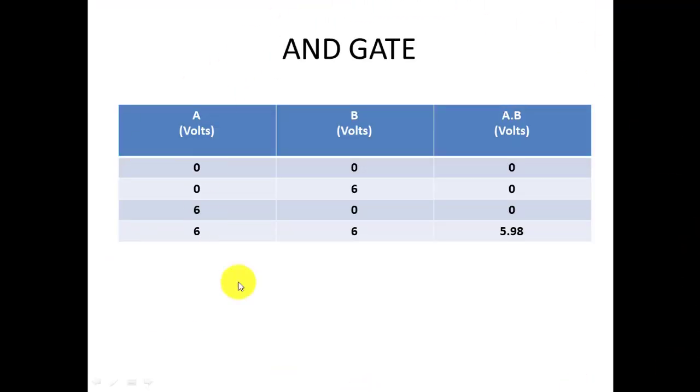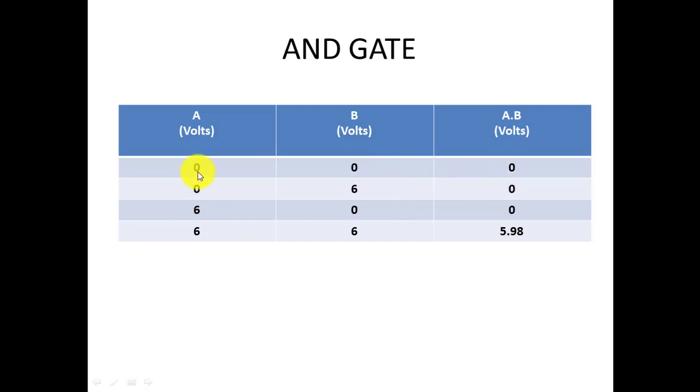Okay, let's see with the truth table what we have verified with the previous circuit, that as we apply logic high on both of the inputs, then we will get logic high at output, otherwise the logic output will be 0. As we applied 0 0 at the input, the output was 0.